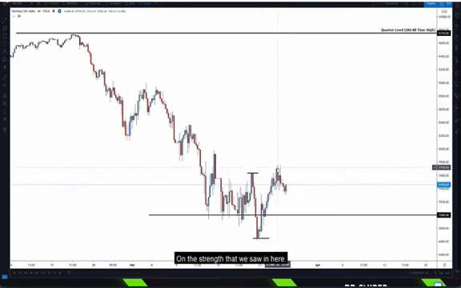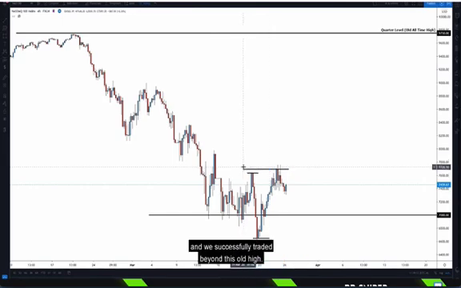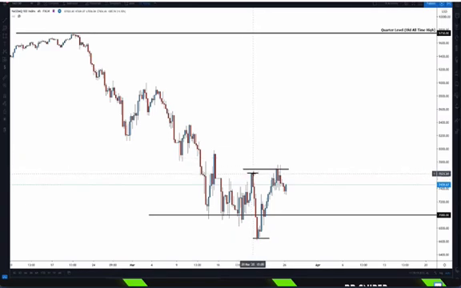On the strength that we saw in here, look at the candle close. We got a break of structure. And we successfully traded beyond this old high.